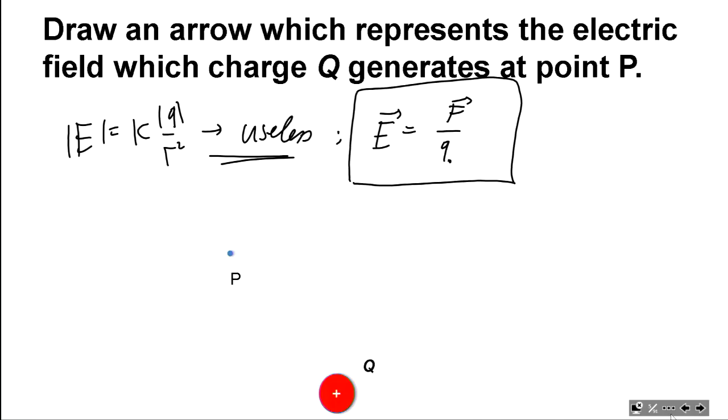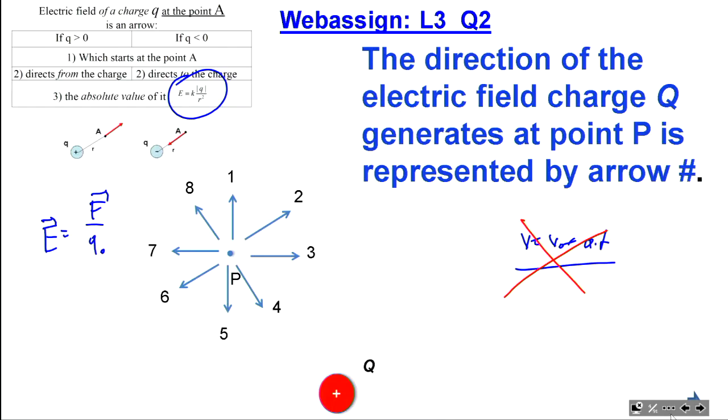And to do that, you have to place, using your imagination, a test charge of your choice at the location where you measure or study electric field. Then look at the force acting on that test charge from this one, draw it, and then make a choice. What answer should you choose from the arrows on the screen?